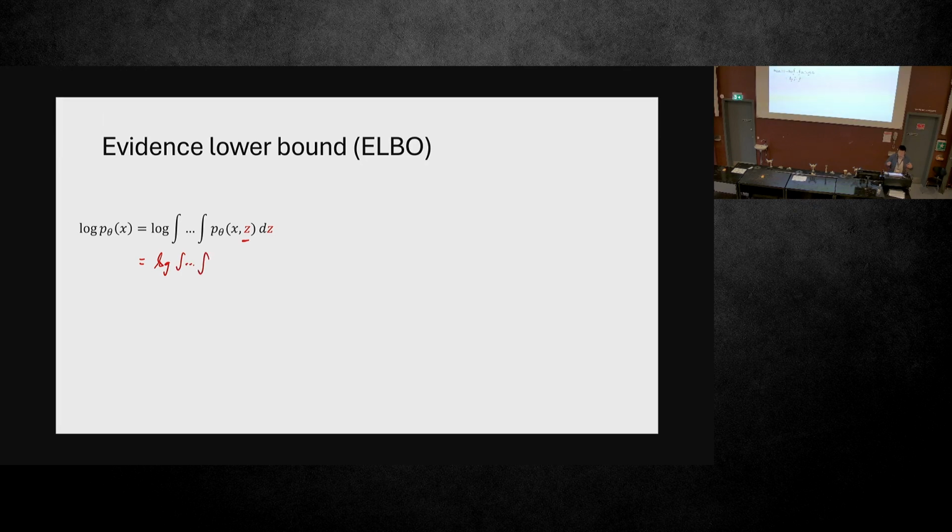First of all, we can introduce the variational distribution, Q of Z given X, and P of X, Z. We can do that because Q divided by Q is 1.